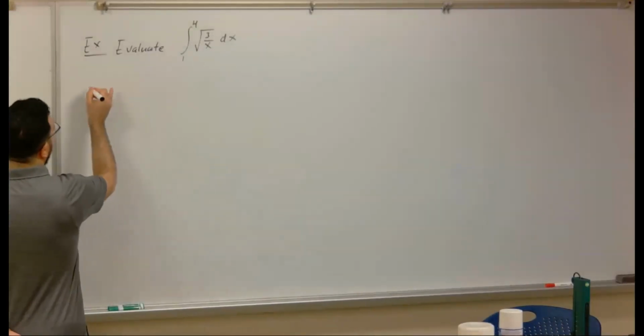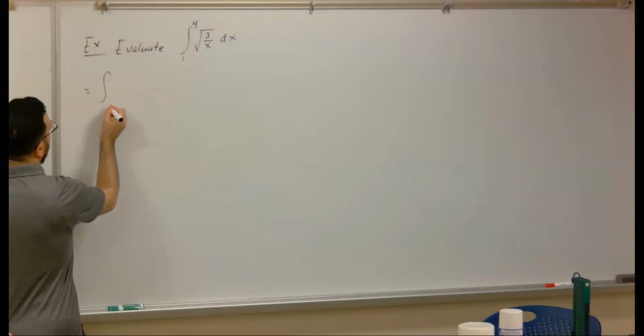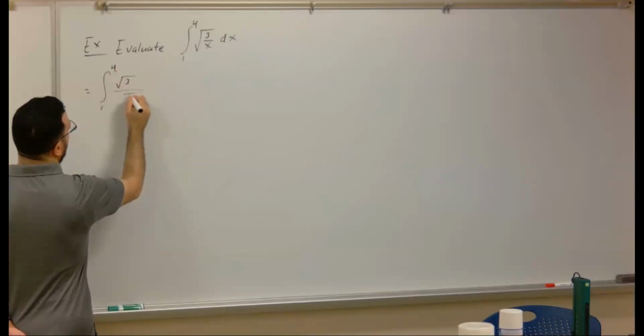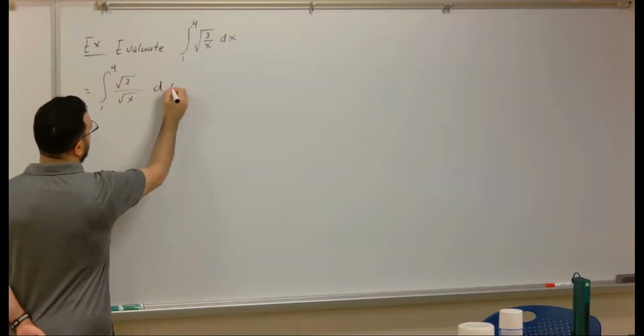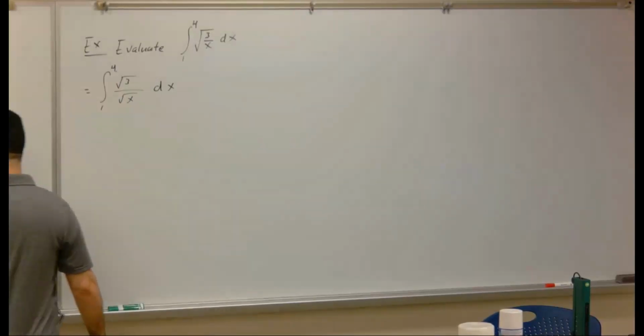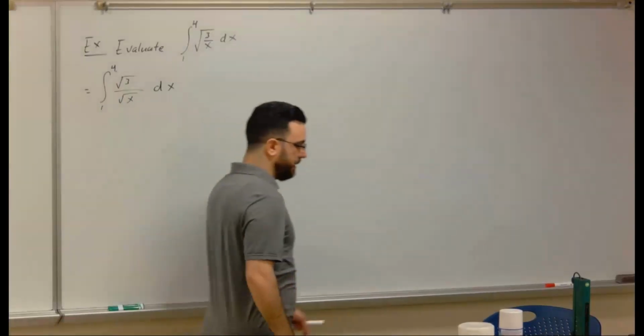Does that mean this is the same thing, from 1 to 4, square root of 3 over square root of x dx? Can I write this down? Square root of 3 over square root of x. Can I do that? Yes.